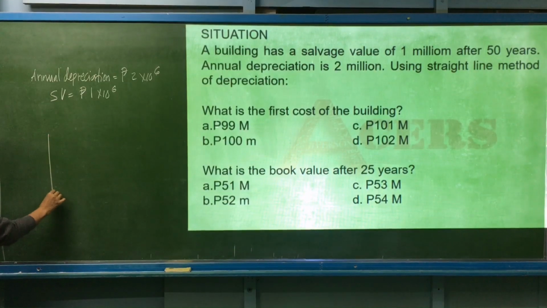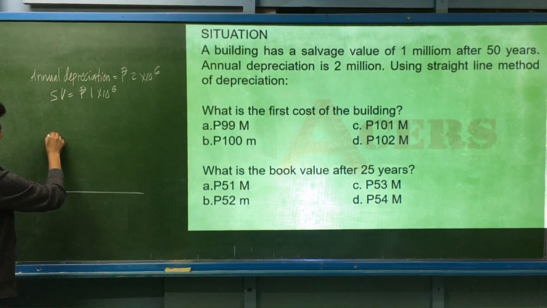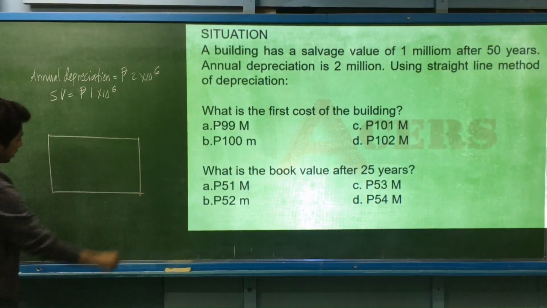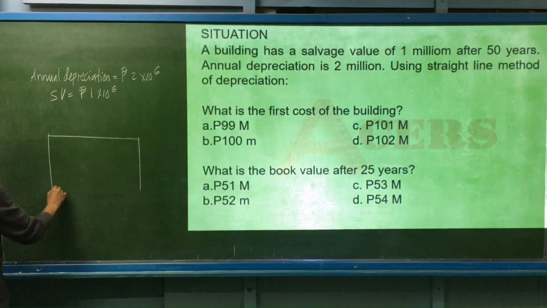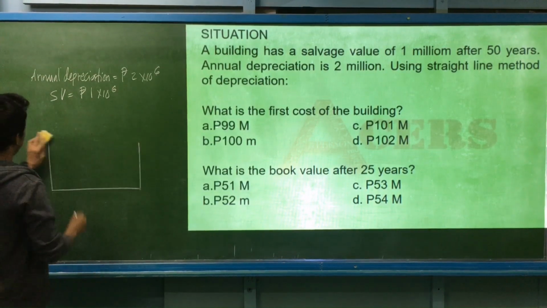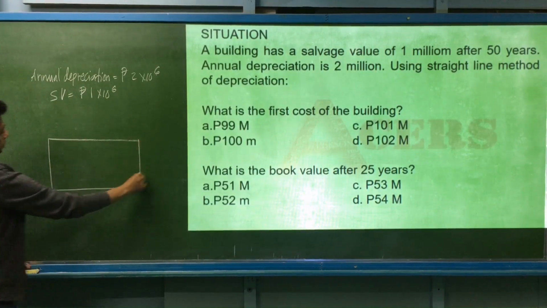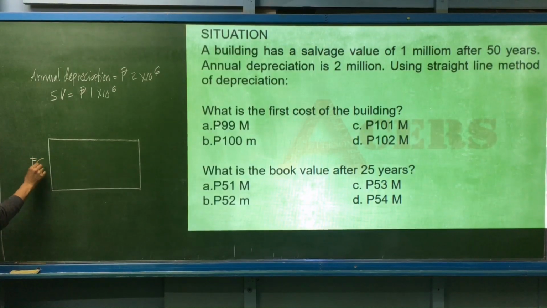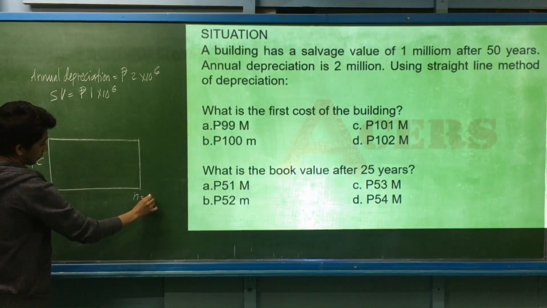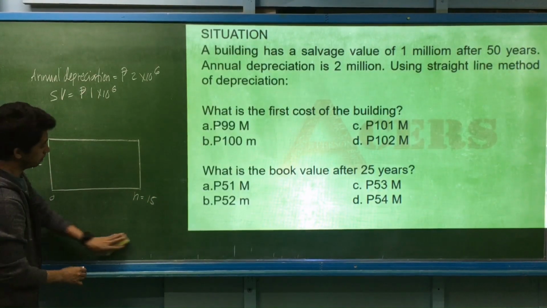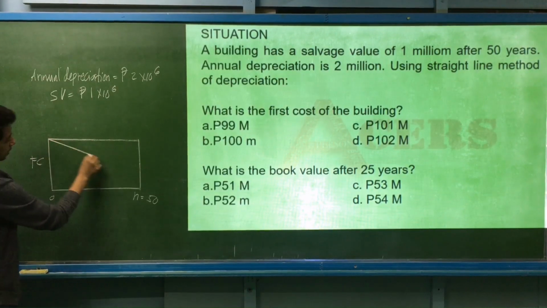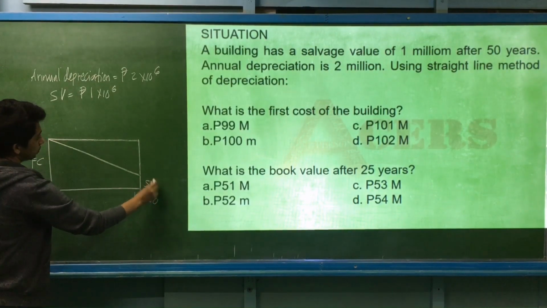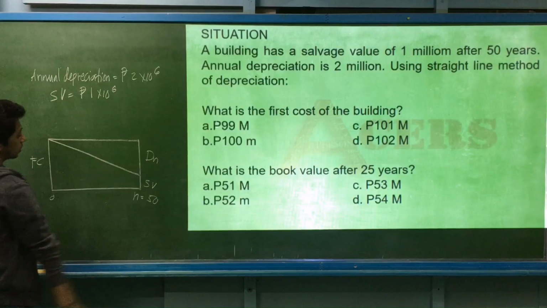Kung babalikan natin yung diagram for straight line method, okay, so supposedly, ito yung first cost at period 0. Ito naman yung N natin, let's say 50 years. So straight line, this is the salvage value, this is the total depreciation.